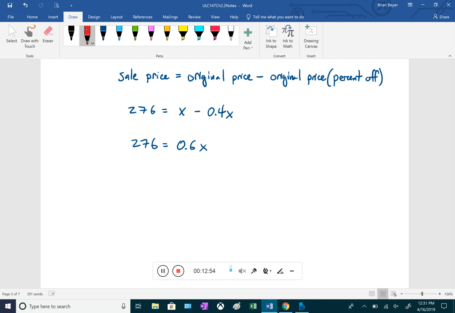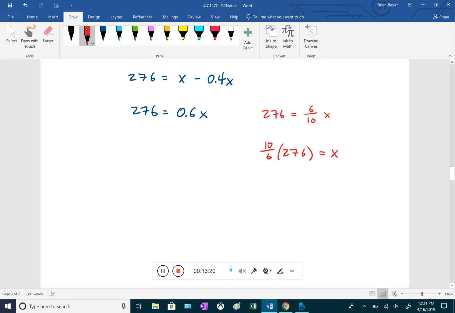Or you could say that this is 276 equals, this is the same thing as 6 over 10 times x as a fraction. So when you're solving it this way, you could multiply both sides by the reciprocal. So this would be 10 over 6 times 276 equals x. This would give us x equals 460.